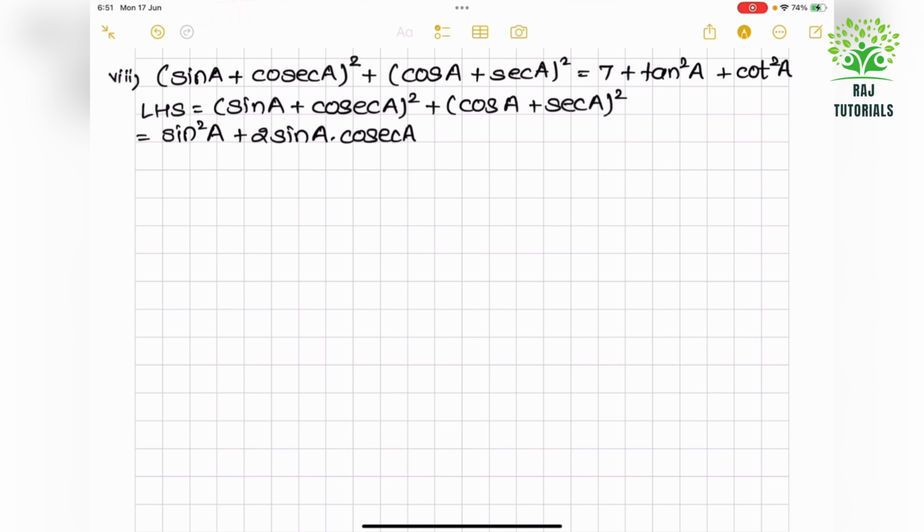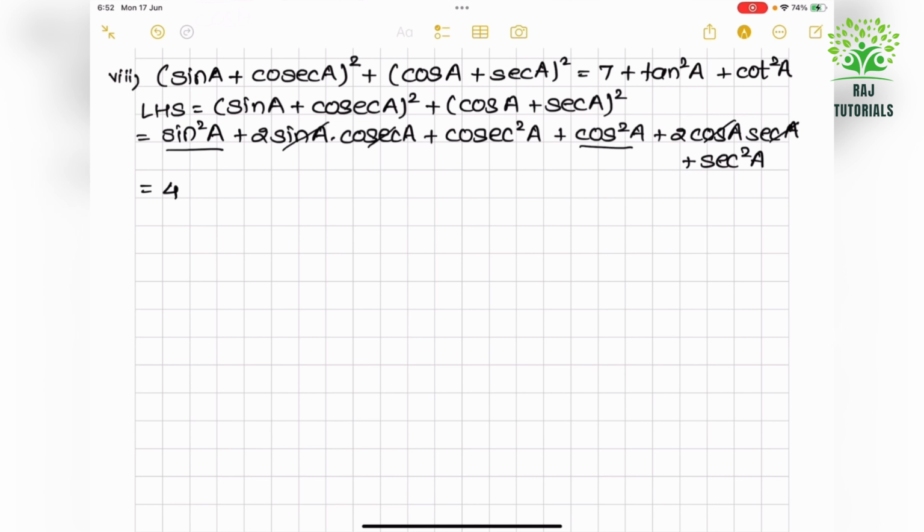So A square, that is sin square A plus 2 sin A cosec A plus cosec square A plus cos square A plus 2 cos A sec A plus sec square A.